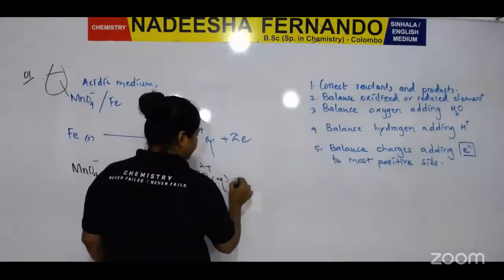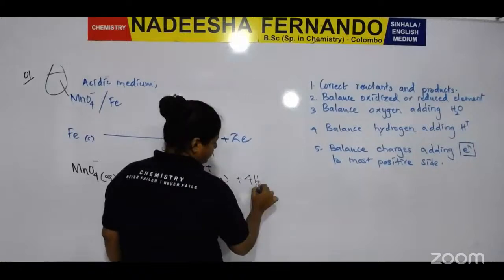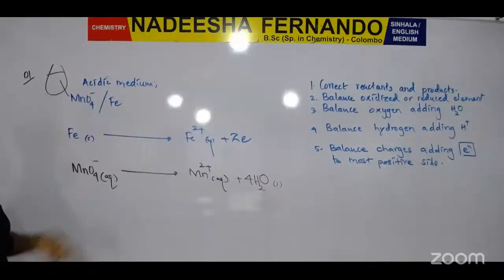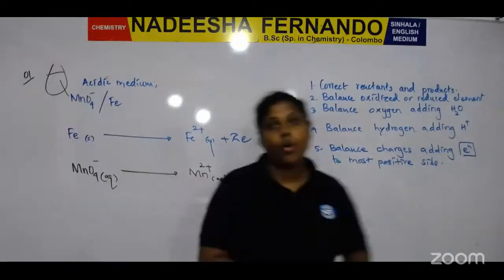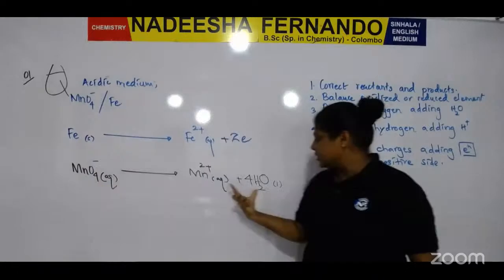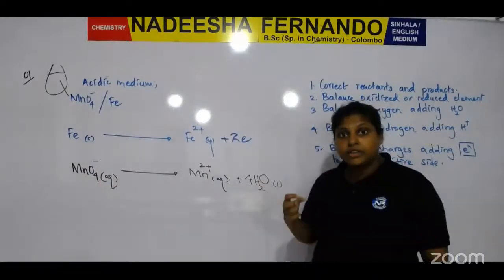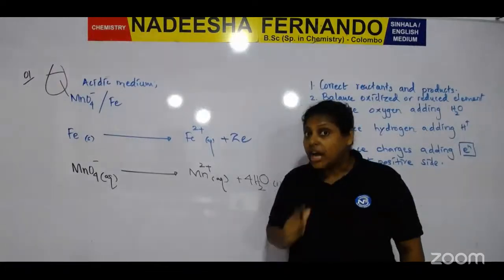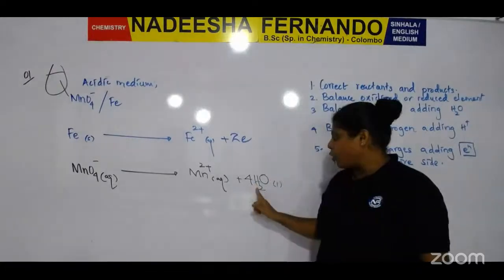Add 4 H2O. So after adding 4 H2O, this side has 4 oxygen, and this side also has 4 oxygen. But we have excessively added hydrogen. How many hydrogen? 4 into 2, 8.